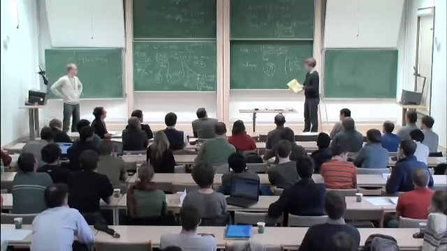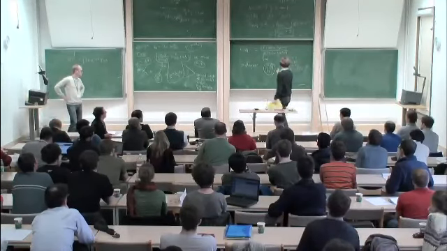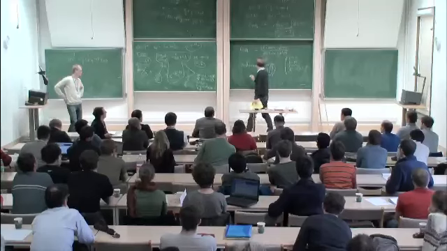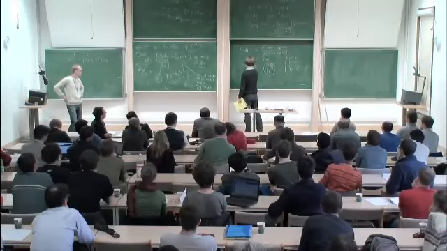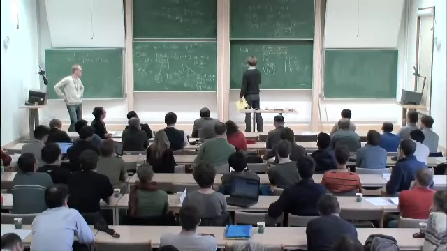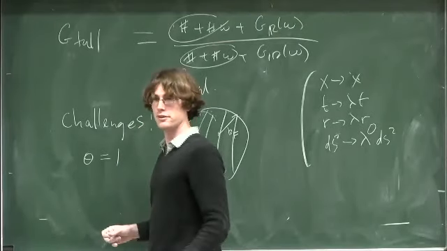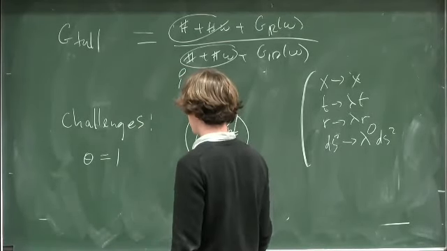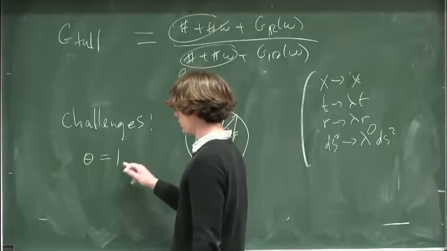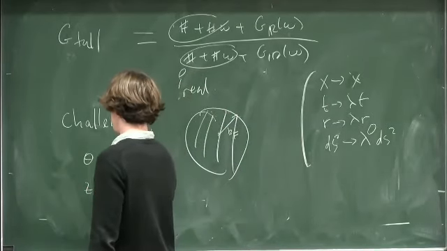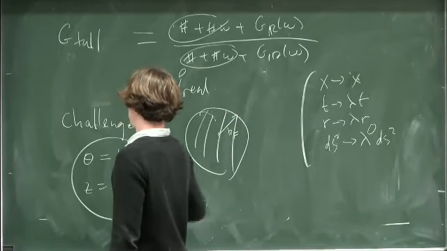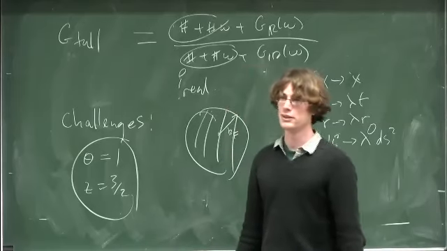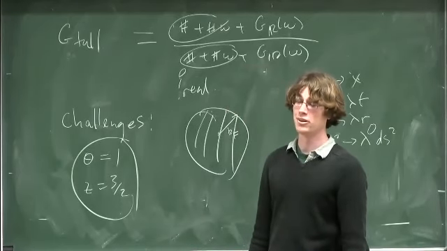Now, as came up in Subir's talk, it's been pointed out that there's one case in 2 dimensions, when theta equals 1, which is Subir's special value, or I should say Subir and Tadashi Takayanagi's special value, where you get the log entanglement entropy. And if you have z equals 3/2, the geometry seems to be regular in the IR.